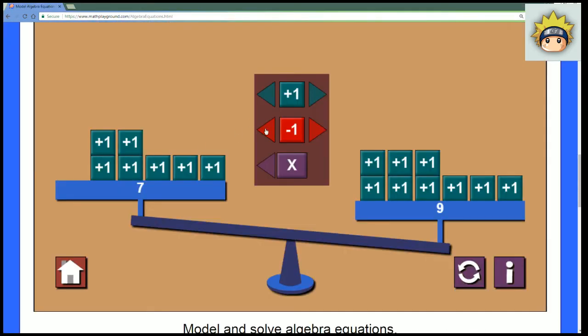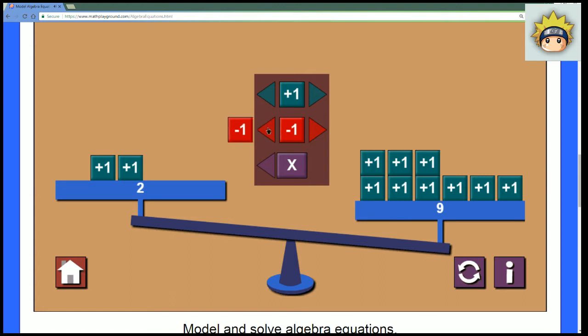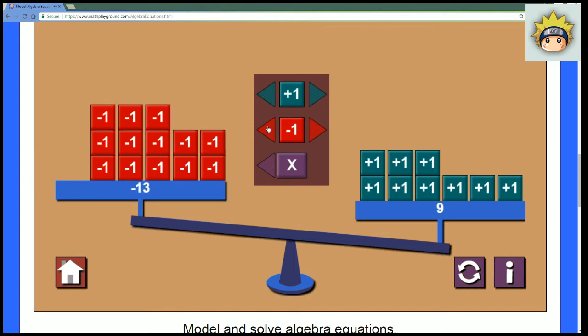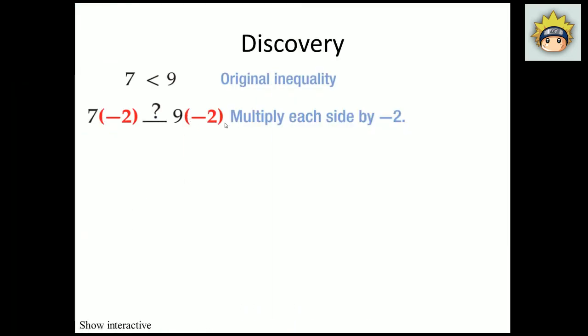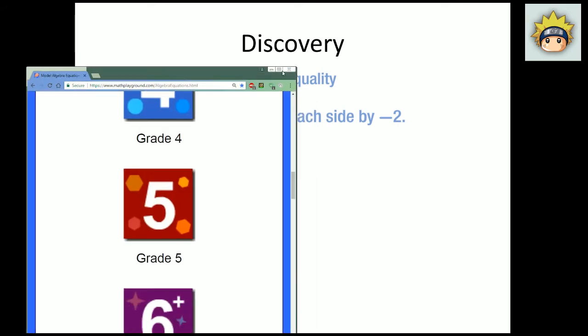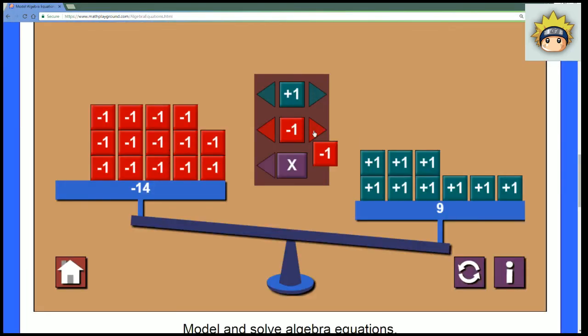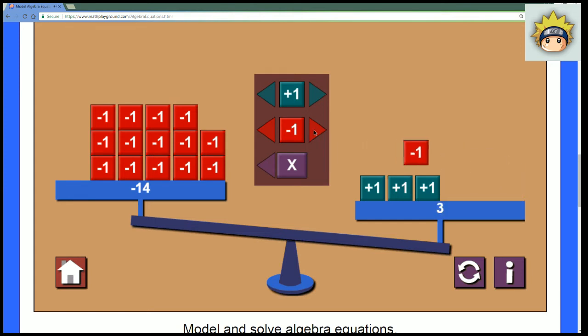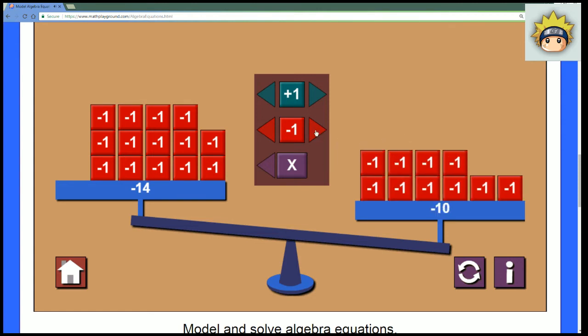So this has to be negative 14. Okay. 9 times negative 2 is negative 18. Watch very carefully.